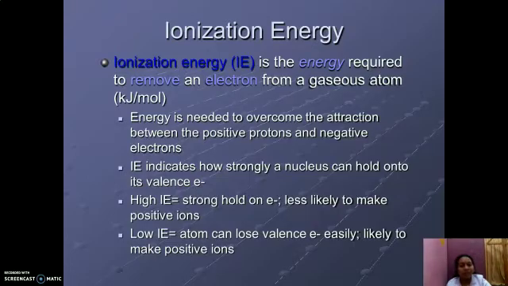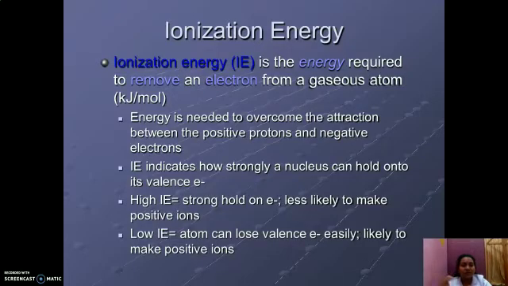Actually, we know the atom in the ground state is neutral. It has no charge. We know in order to attain stability, it needs 8 electrons in the valence shell. So what will happen? Some atoms don't have 8 electrons in the valence shell.